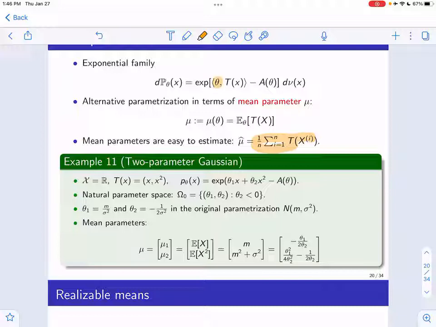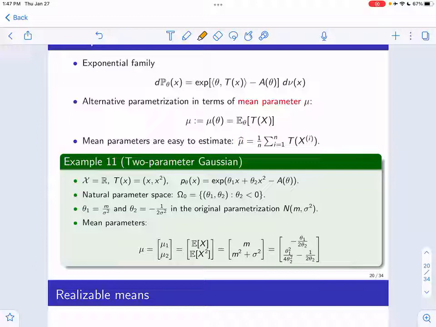You can do MLE, but this is more natural to estimate. So you can estimate this and then invert using the inverse of the gradient mapping to get back the estimate of the natural parameter. And that turns out to be actually the MLE, as we'll see. So we'll work with this.